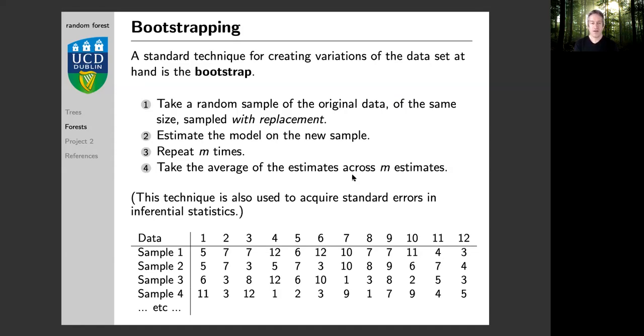So imagine I have 20 observations and I pick randomly one of those observations. Maybe I take the 5th one. And then I put it back in the sample and I take another random observation, maybe this time the 8th one. I put it back in the sample and I take another random observation. Maybe by chance I pick up 5 again. Now I have the 5th observation, the 8th observation, and the 5th observation.